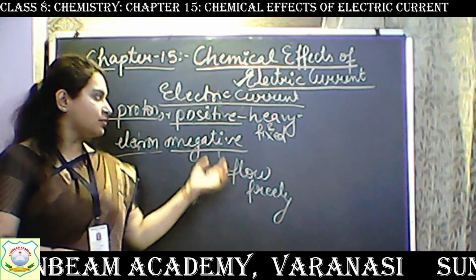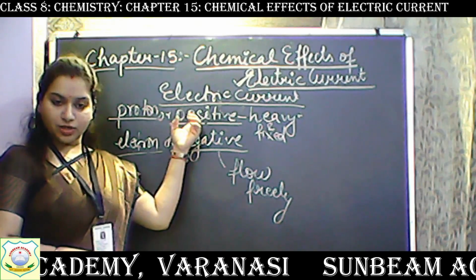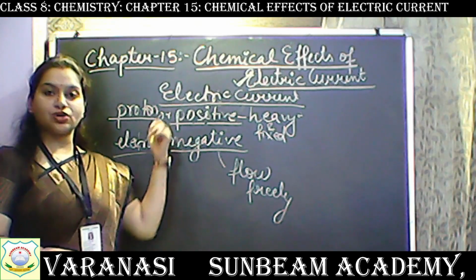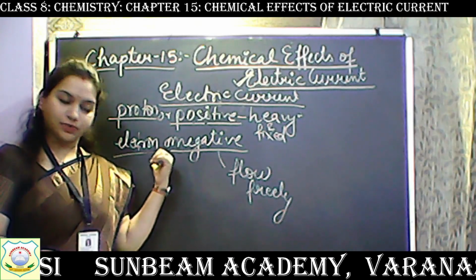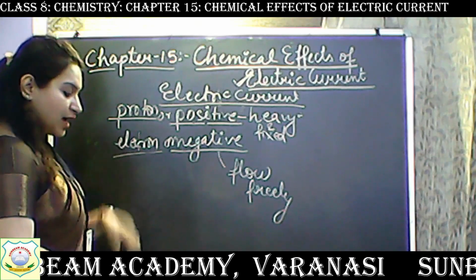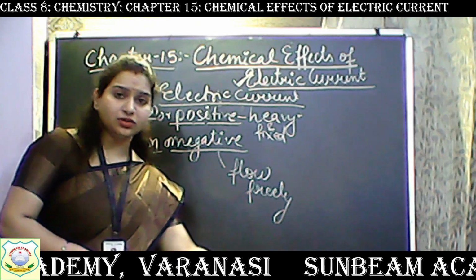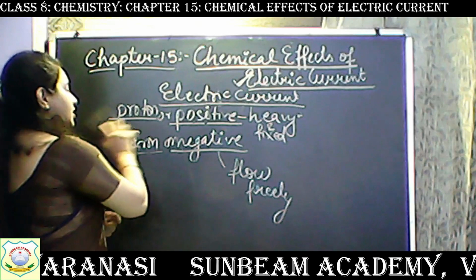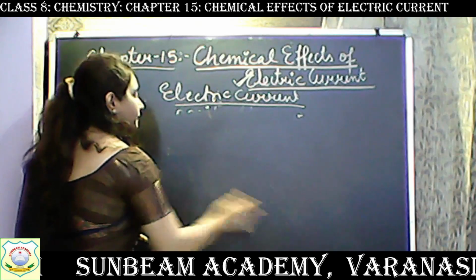So in an atom there are two charges, positive and negative. We have protons and we have electrons. Now what is electric current and how is it flowing?